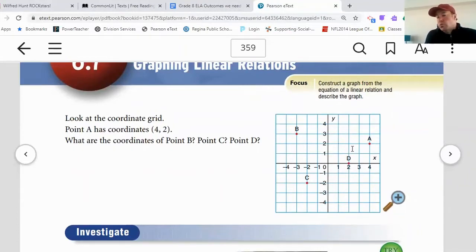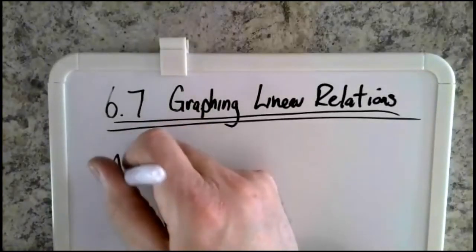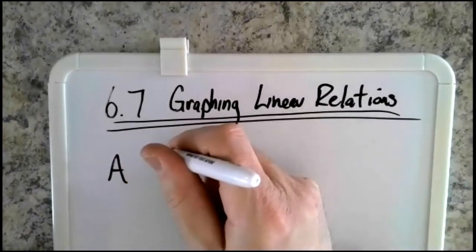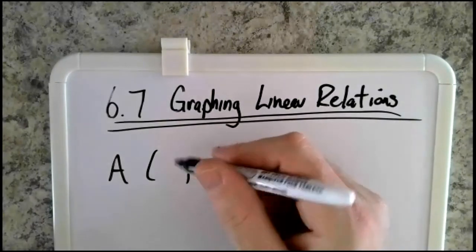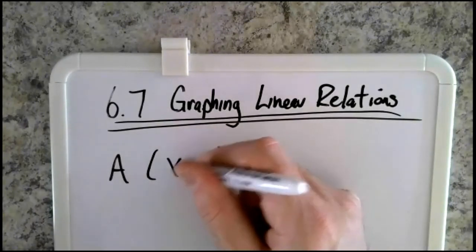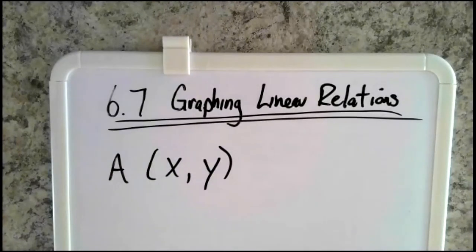All right, so I'm going to write down point A on my document camera here. Okay, so point A is going to have 2 points. I'm going to make this little thing like this. And what we're going to notice is there's going to be an x-axis and a y-axis. And x always comes first and then y.